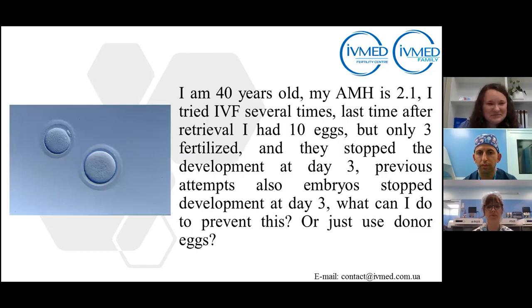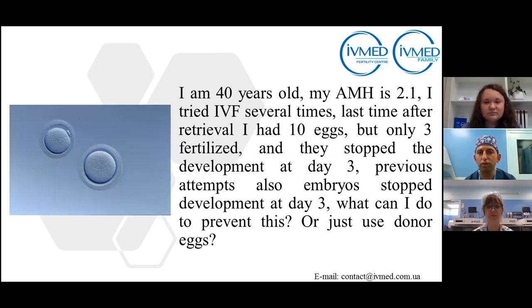Please, Birol. Okay. When we look at anti-Mullerian hormone, 2.1 is not bad. That's why she got 10 eggs, mostly above 1.5 AMH.